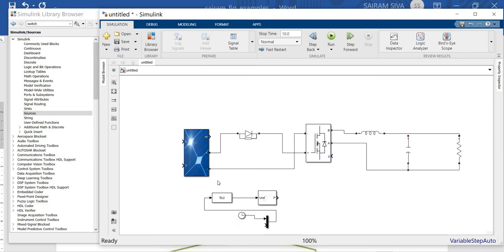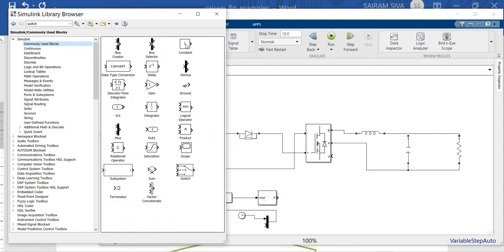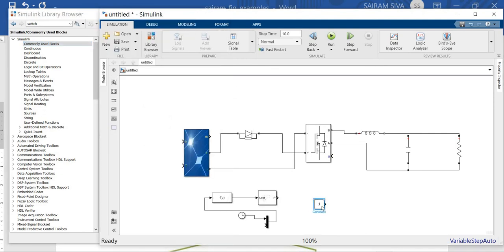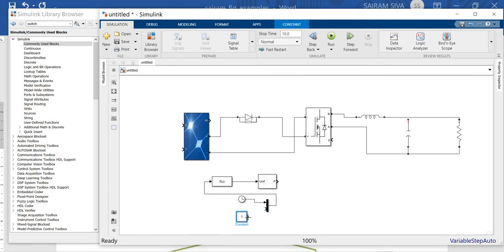The next thing is the magnitude. That magnitude may be adjusted, that is the constant. This constant which I connect here varies from 0 to 1.